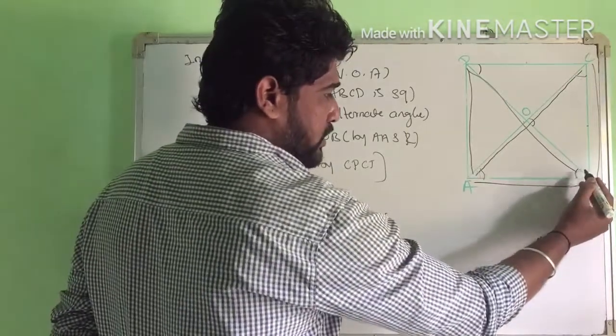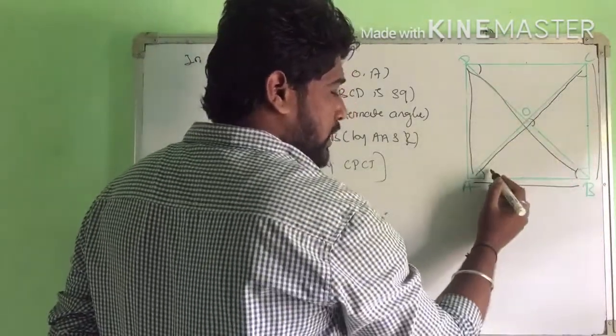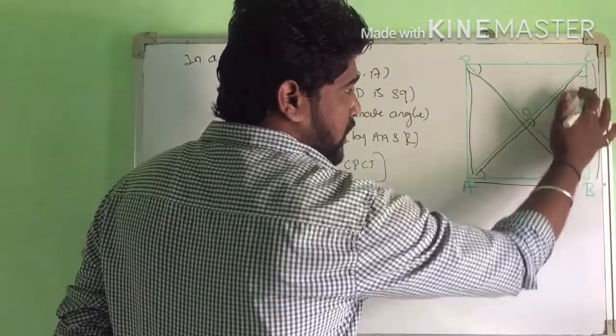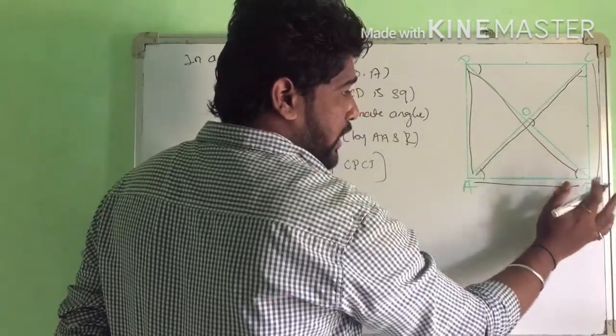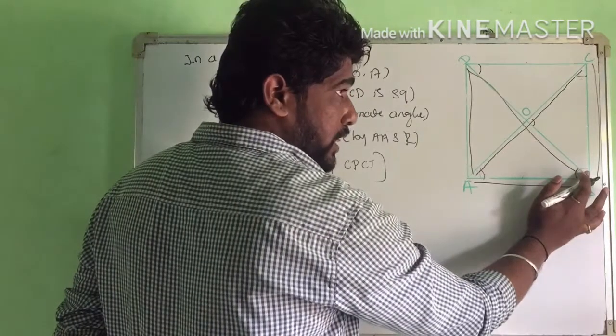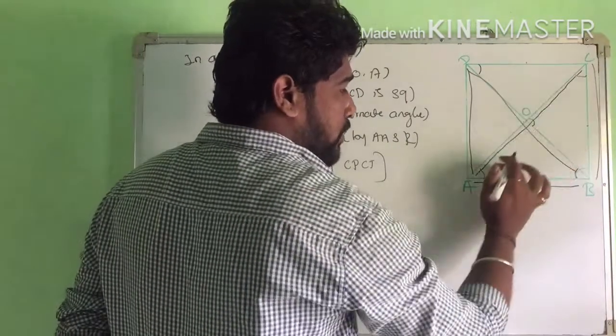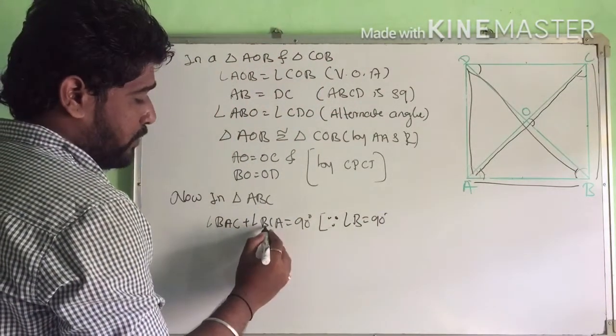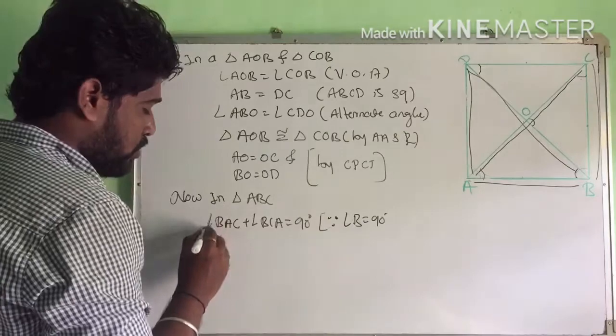So angle B is 90, which means the sum of these two is 90, because by the angle sum property of a triangle, the sum of these three angles is 180. Already we know that angle B is 90. So angle BAC plus angle BCA is equal to 90.